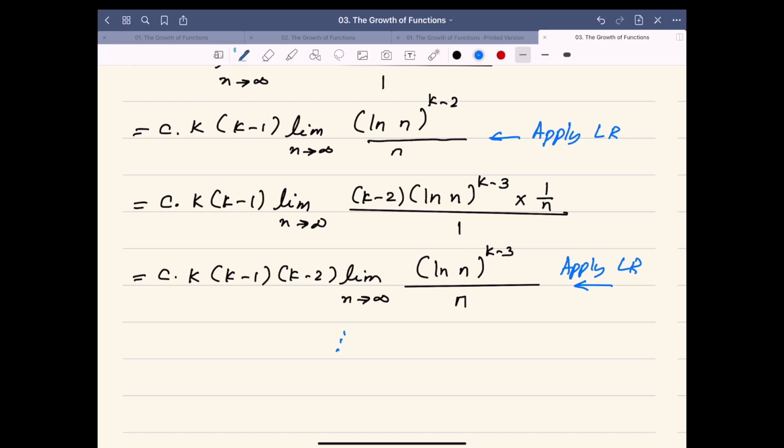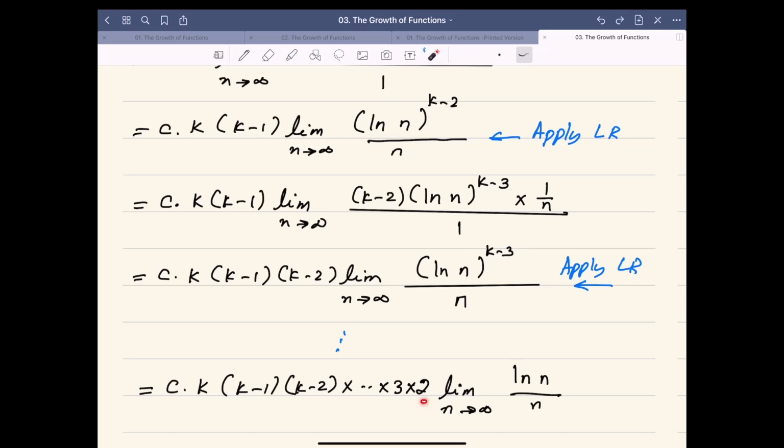So after you apply L'Hopital's rule repeatedly, eventually at the end you will reach the following equation: a constant multiplied by k minus 1, by k minus 2, multiplied by 3 multiplied by 2, and then multiplied by the limit as n goes to infinity of ln of n over n.